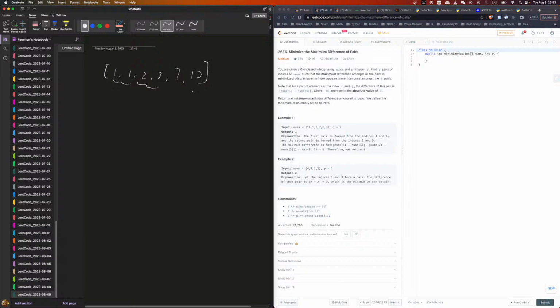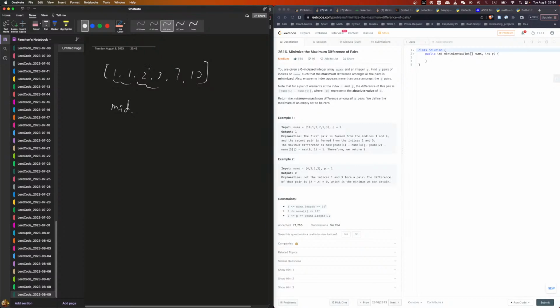Then how do we check if we say we have a mid difference as the maximum? And how can we make sure that we have enough pairs to hit this value? So we sort it, and then, yeah, we want to make sure that there are enough pairs out there, right?